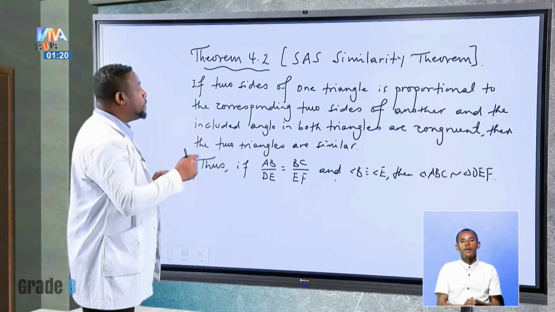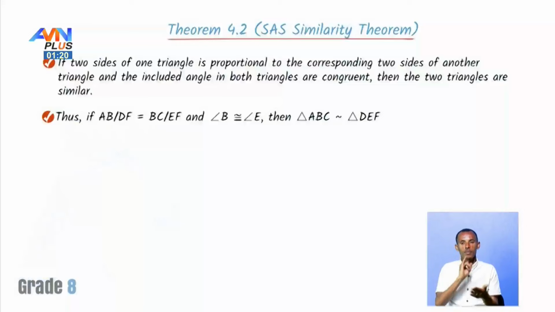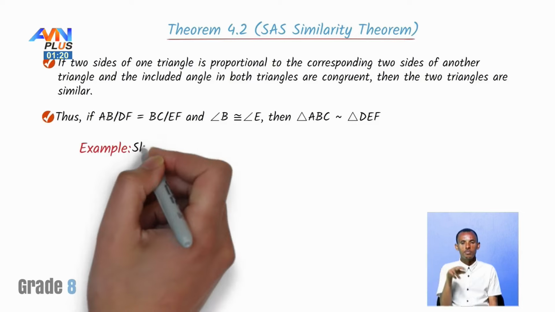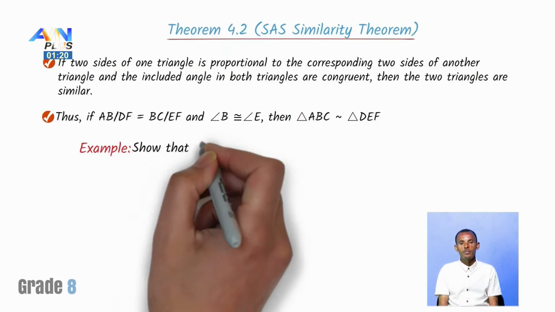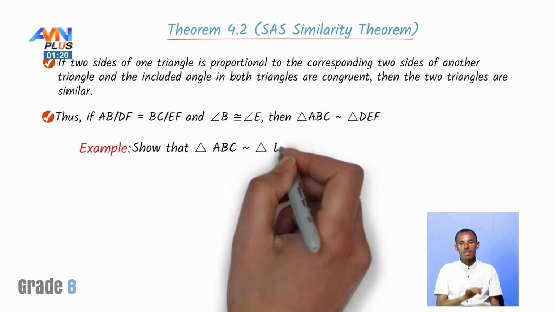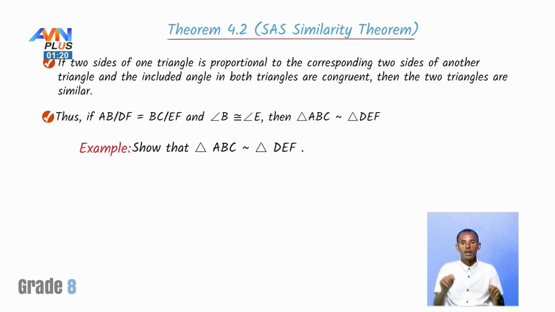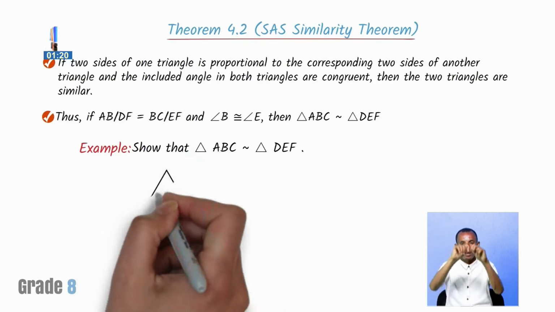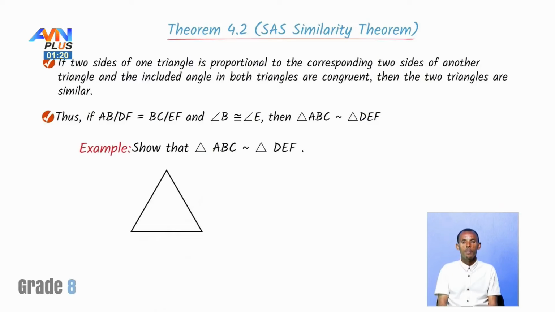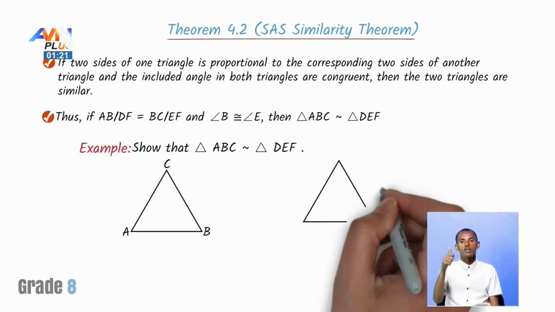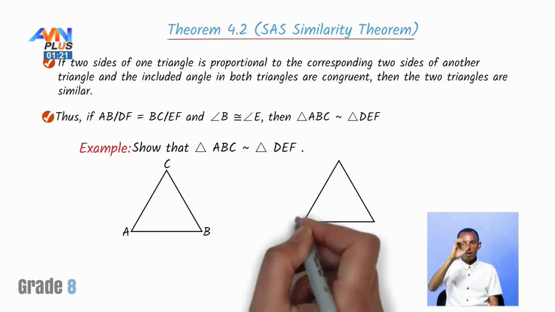A simple case of this theorem is, consider this triangle. Show that triangle ABC is similar to triangle DEF, where the two triangles are, say, ABC, and say the other triangle is DEF.